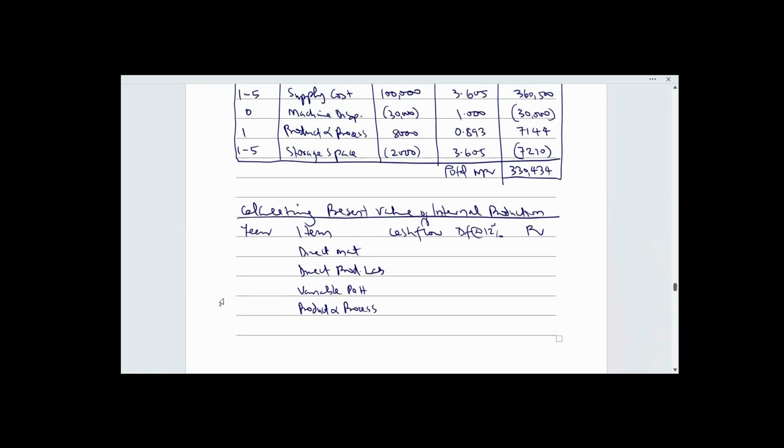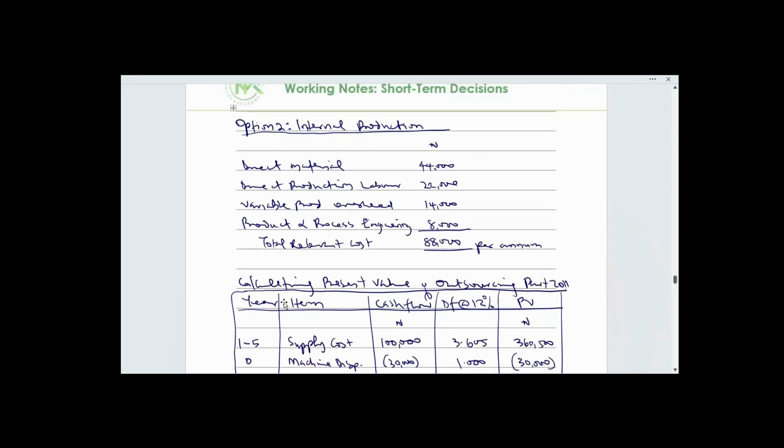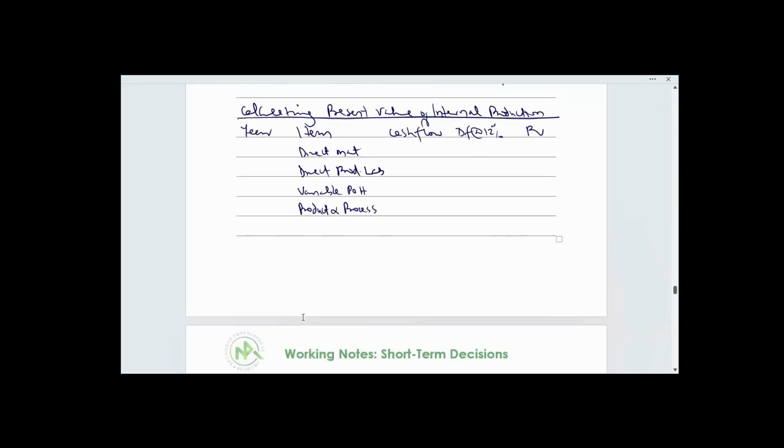The direct material cost is 44,000, then 22,000, 14,000, then 8,000. These are the relevant costs the company will incur if it wants to produce part 2011 internally. So we need to compare this.